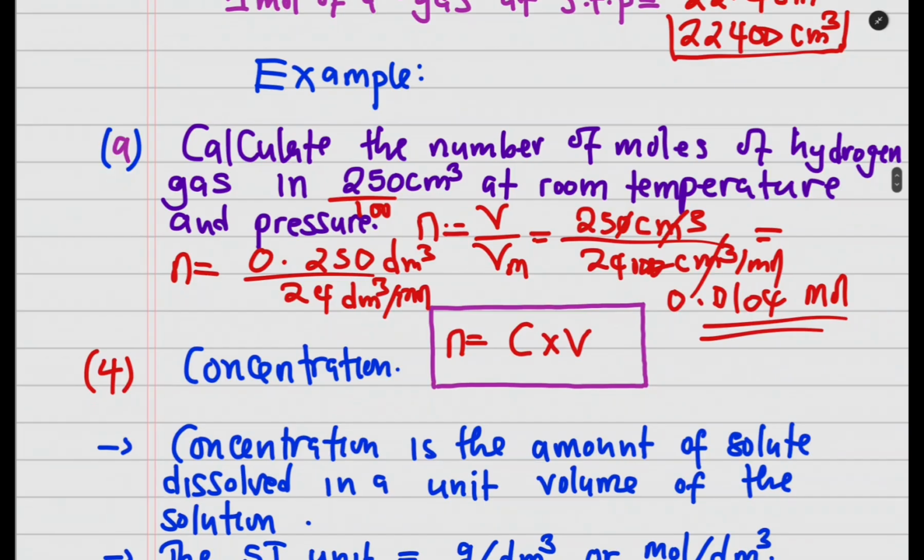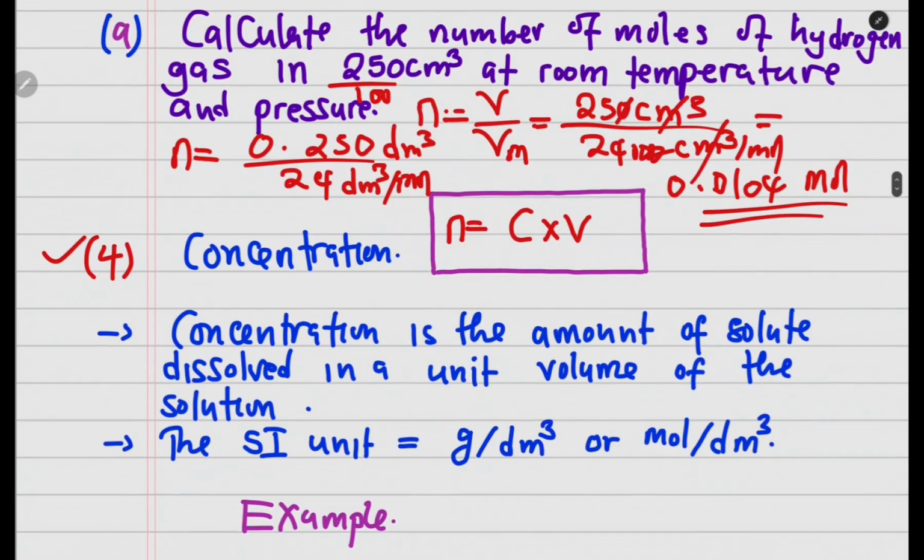All right, so the fourth formula that we can look at in terms of calculating number of moles is when you are given concentration. Now, we are going to take the opportunity also to cover concentration, because there's nothing much here to look at. Concentration is just the amount of solute dissolved in a unit volume of the solution.